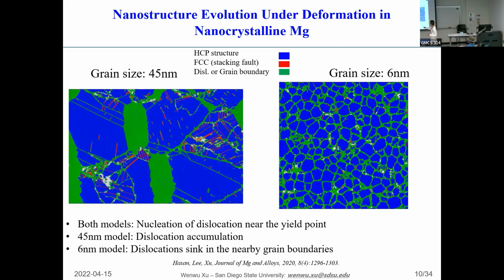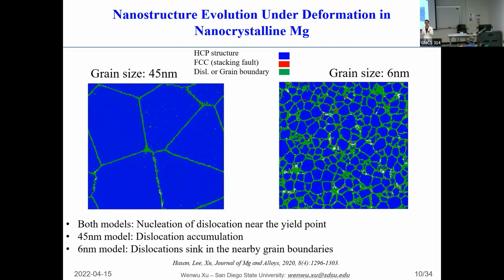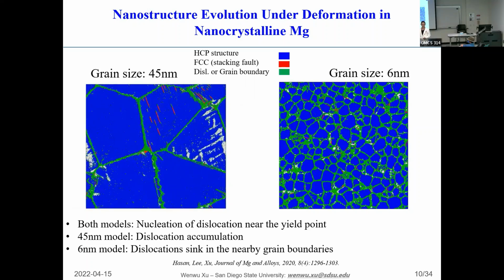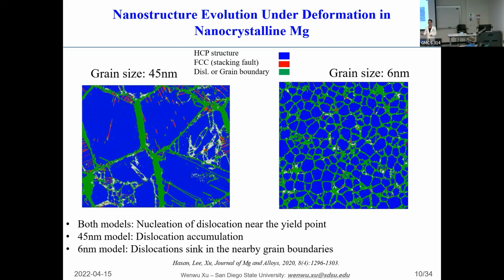And you can clearly see the accumulation of those features, which are dislocations inside the grain, with the increase in the plastic deformation.